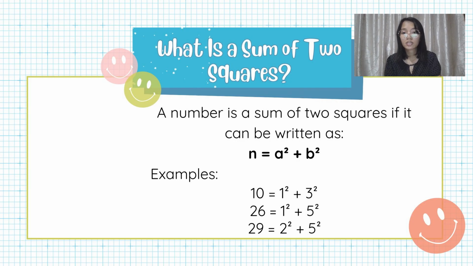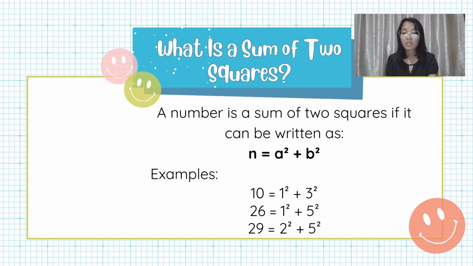29 is equal to 2 squared plus 5 squared. 2 squared is 4 and 5 squared, or 5 times 5, is 25. So 4 plus 25 is 29. Another is 50. 50 is 5 squared plus 5 squared. Why?